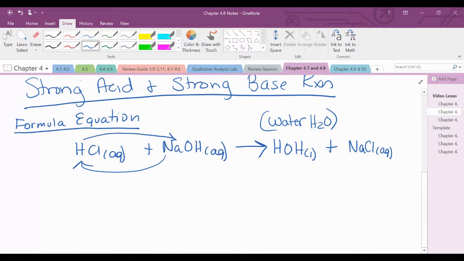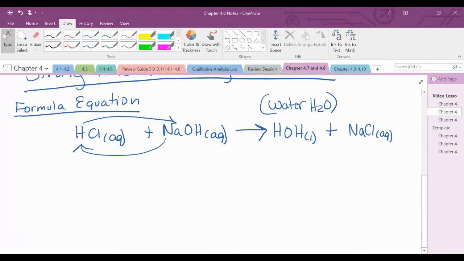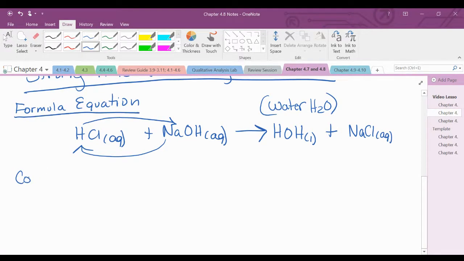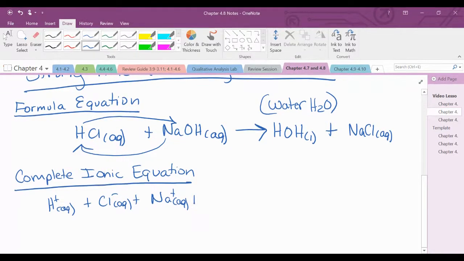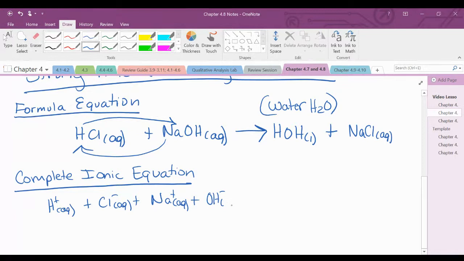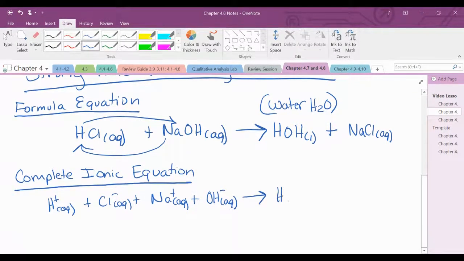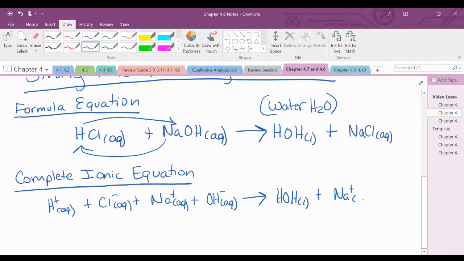And so for the complete ionic equation, you would have hydrogen ions plus chloride ions plus sodium cations plus hydroxide anions forming water plus sodium cations plus chloride anions.